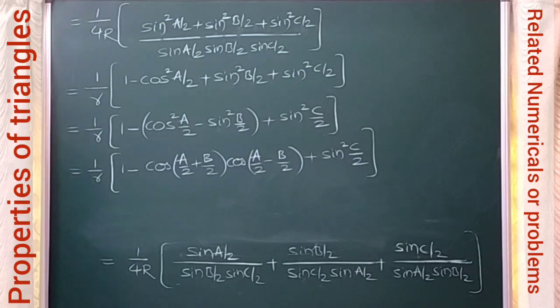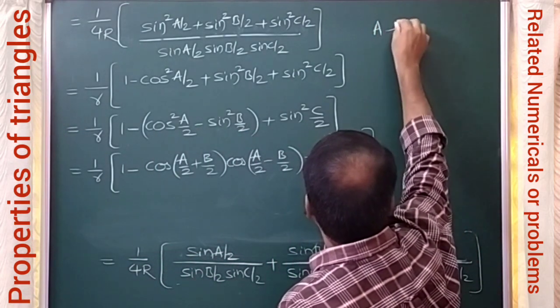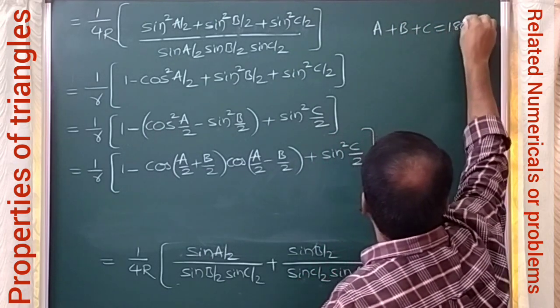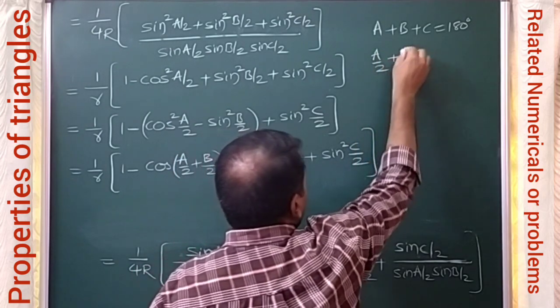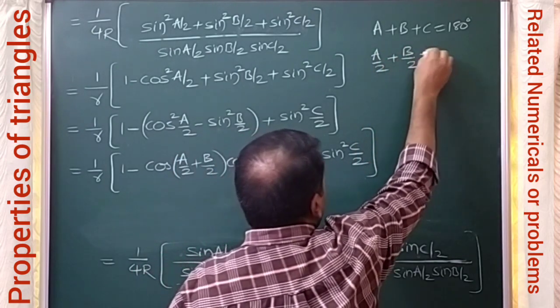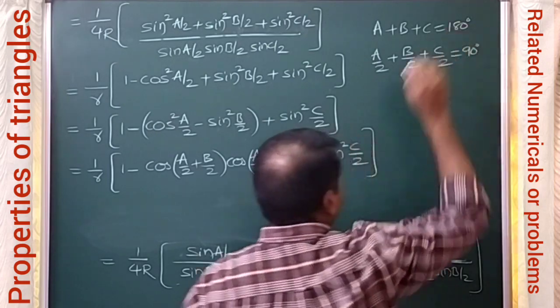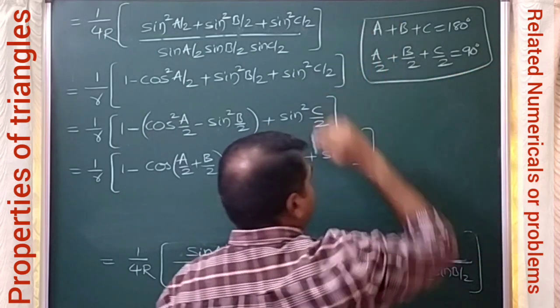Next, in triangle ABC, we know that A plus B plus C is 180 degrees. That means A/2 plus B/2 plus C/2 is 90 degrees. So this is the basic rule in triangle ABC.